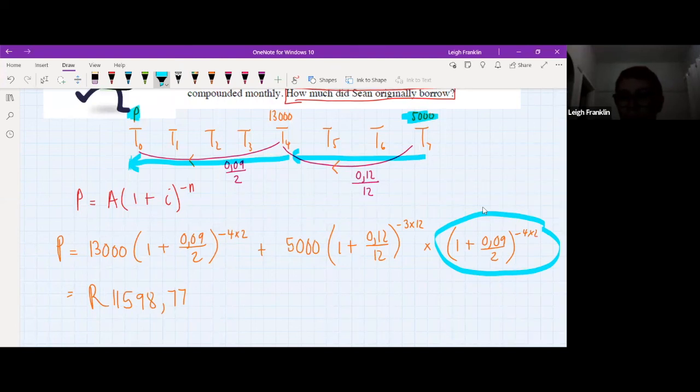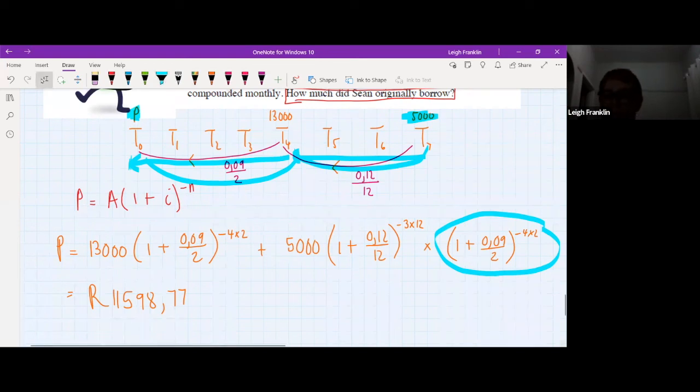So whilst this goes from here to here, it still goes there as well. So in order for the process to be reversed, that's why they have to be two brackets, because the interest rate changes. Okay, thank you, ma'am. I understand. I just need to practice more.